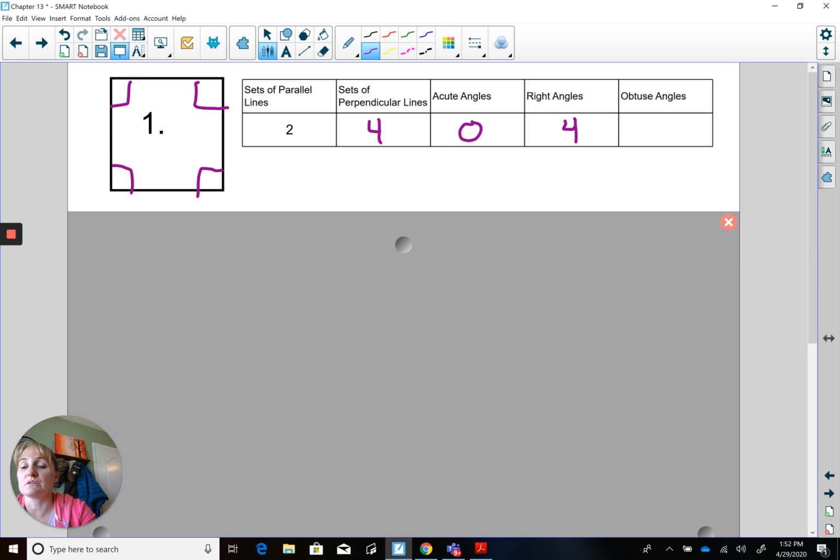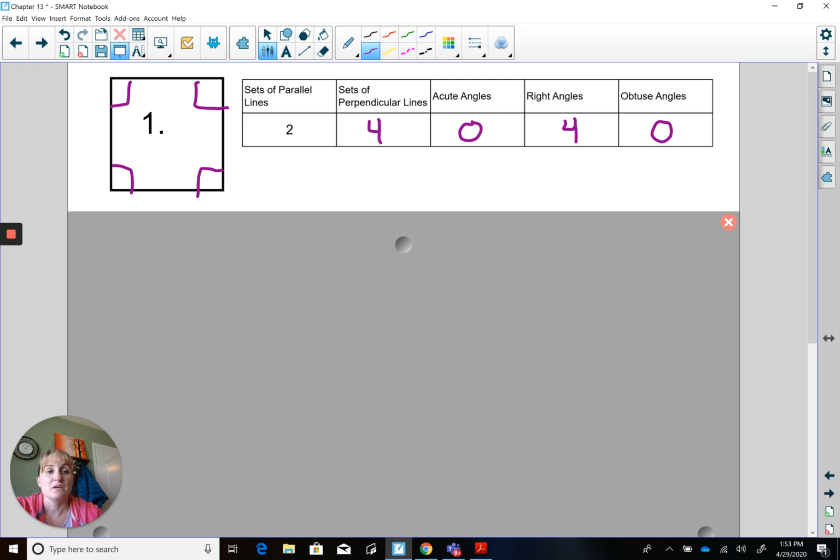If you do, and they're lined up right with the paper, then you know it's a right angle. If one of them is hidden, then that means it's acute. If one of them is way off away from your paper, that means it's obtuse. So it's just a good check. In this case, all of them are right, so there are 0 obtuse angles.